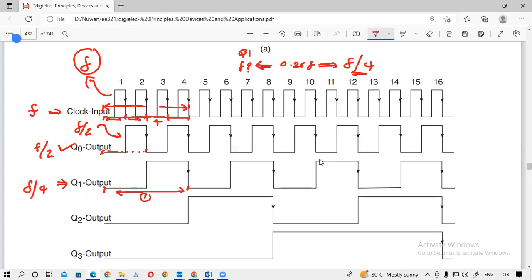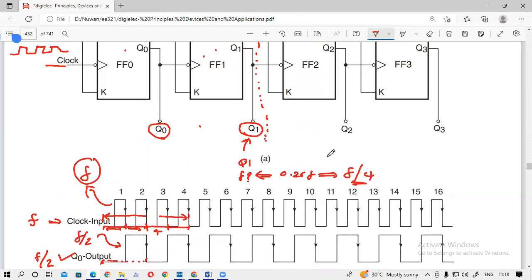In the same manner, I hope you can find the waveform at Q2 and the waveform at Q3. Any of you want any help to find the waveform here? Please feedback. If you already know how to find the waveform at Q2 and Q3, it is okay. It is the same as we find the waveform at Q0 and Q1.